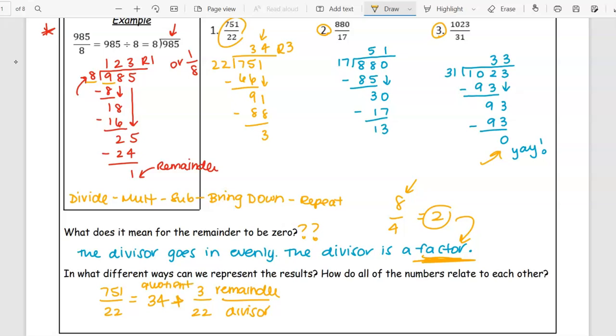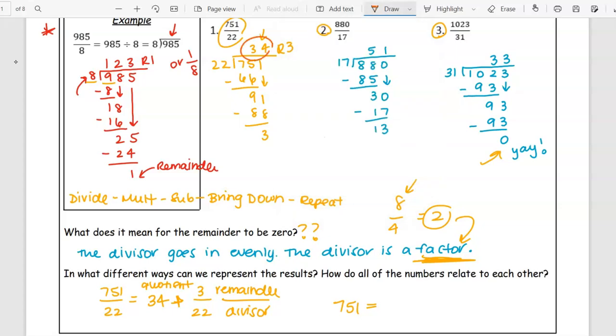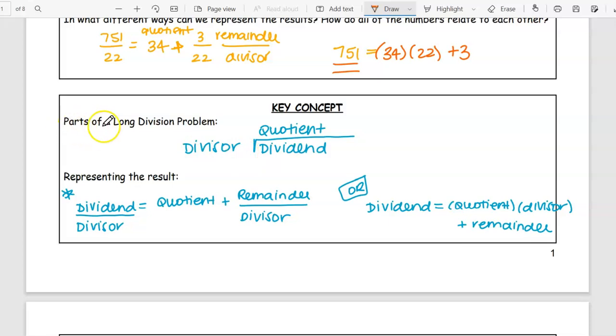So different ways that we can represent the results. Let's just look at this one right here. When I do that division, 751 divided by 22, my answer is up here, the quotient 34 is my answer, plus the remainder over the divisor, the number out front. So that's how we're going to be talking about and writing our final answer, remainder over divisor.